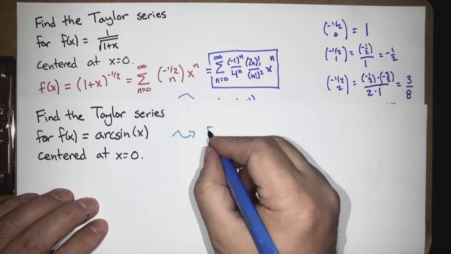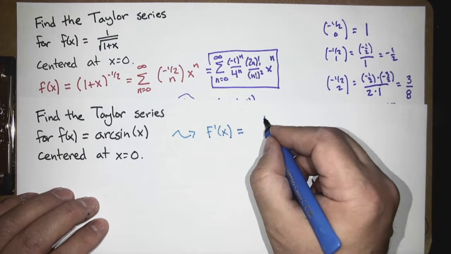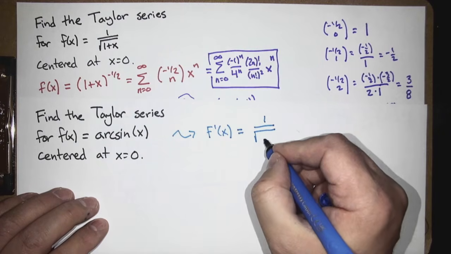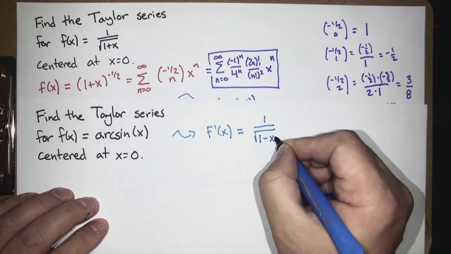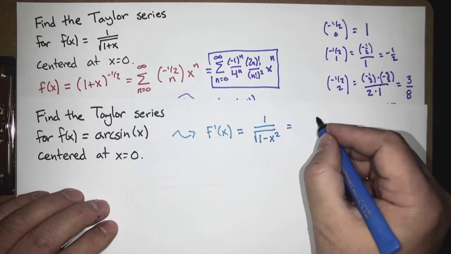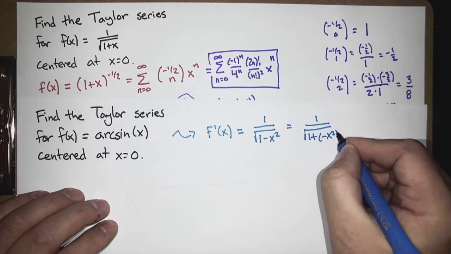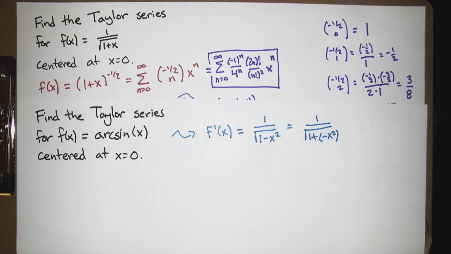Does anybody remember the derivative of arcsine of x? 1 over square root 1 minus x squared. Now, that looks a lot like 1 over square root of 1 plus negative x squared. Yes? And you're probably thinking, okay, Steve, cool.